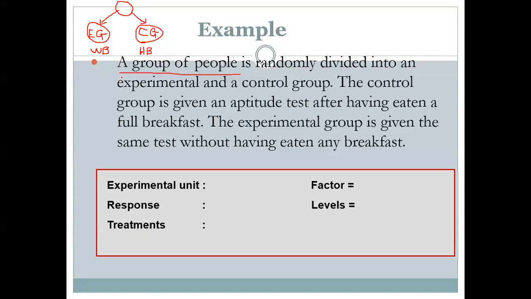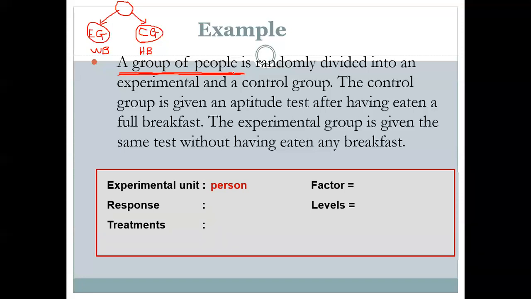In the first sentence, it states that a group of people is randomly divided into an experimental and a control group. So the experimental unit must refer to a group of people. The subject that we want to measure is people. So the experimental unit is a person. And now, what is the factor?